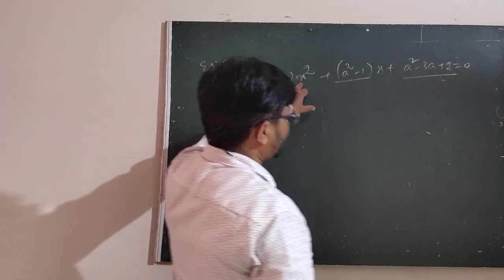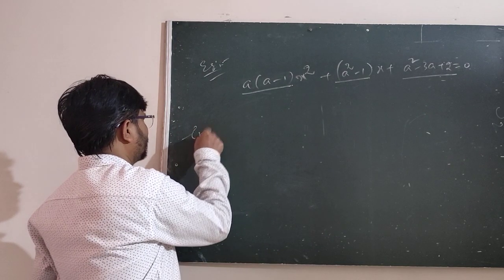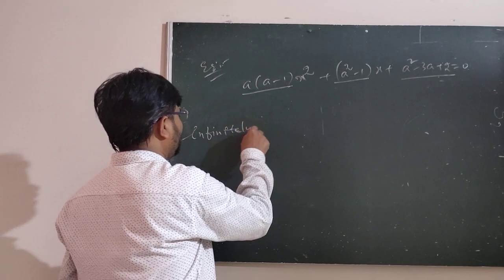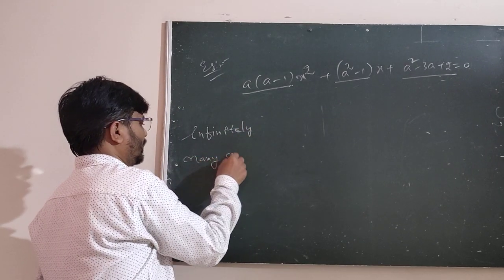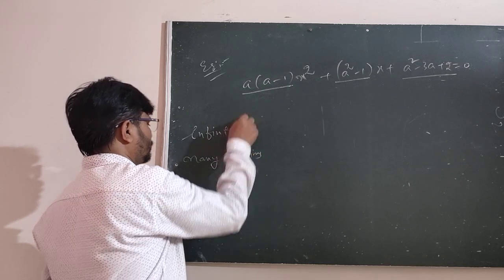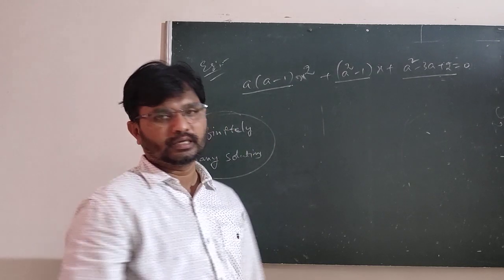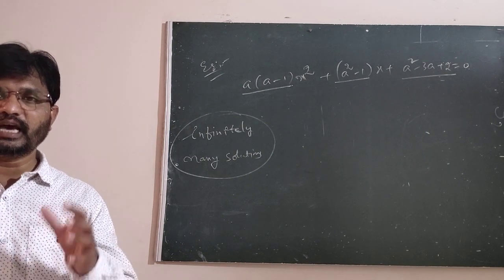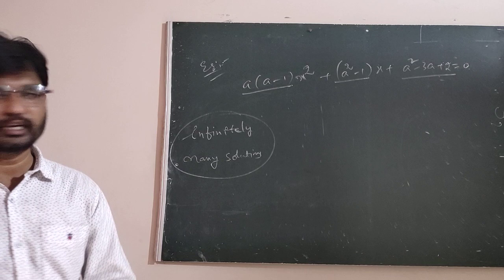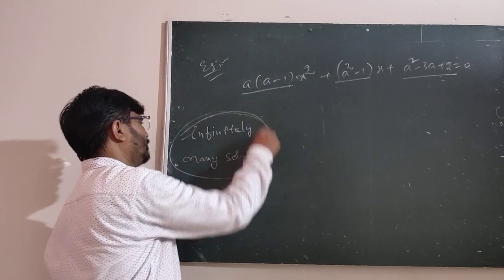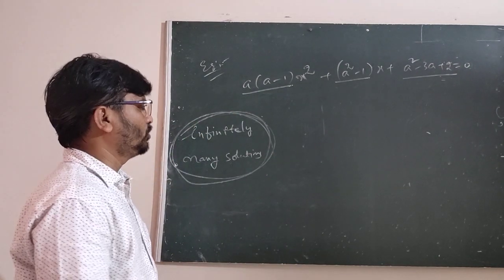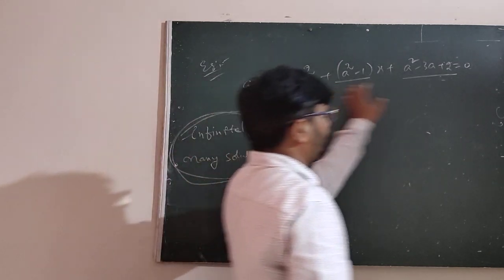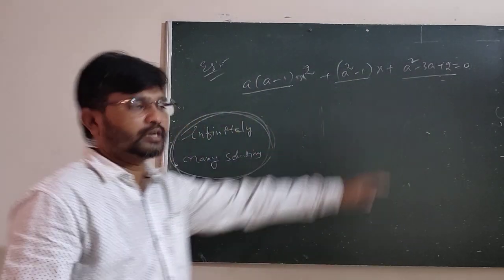That means x has infinitely many solutions. We know that a quadratic expression has only two roots, but it has more than two distinct values, so you can say it has infinitely many solutions. In that case, we have to take a equal to 0, b equal to 0, c equal to 0: all the coefficients of the quadratic expression we have to take as 0.